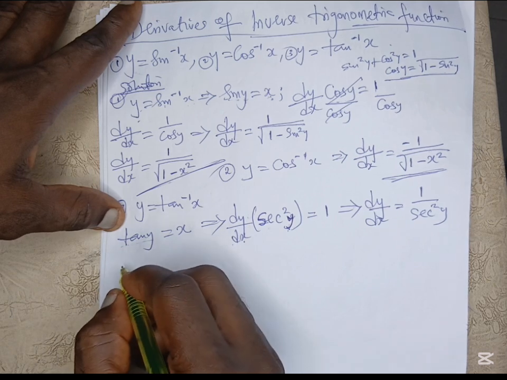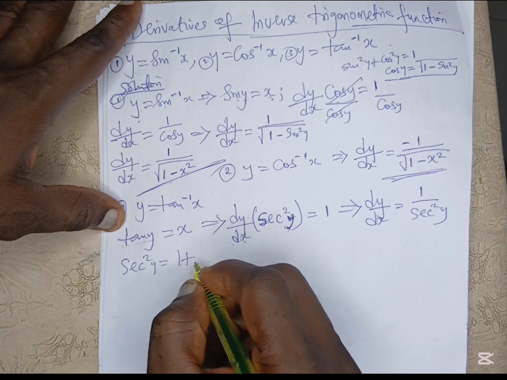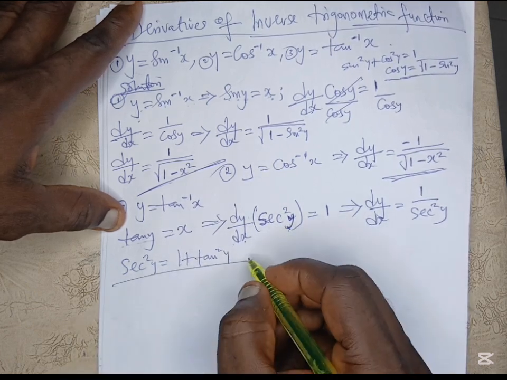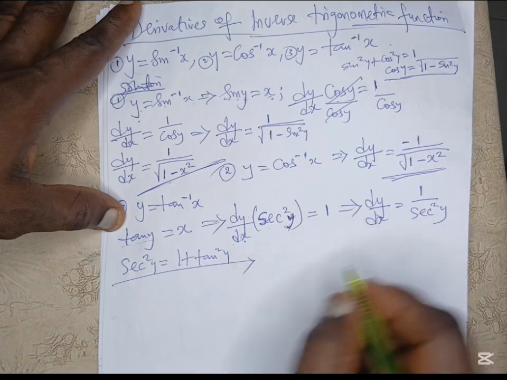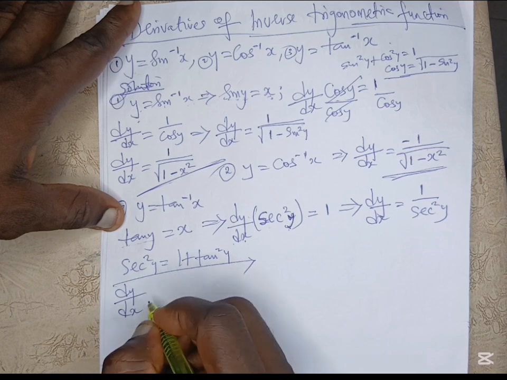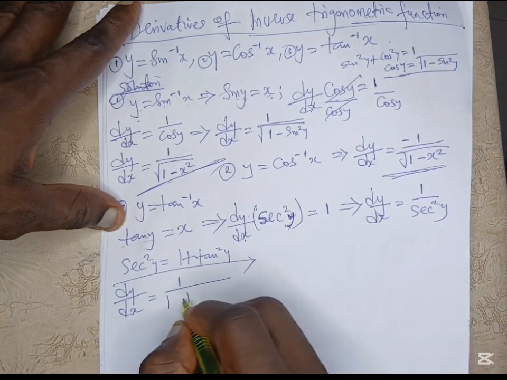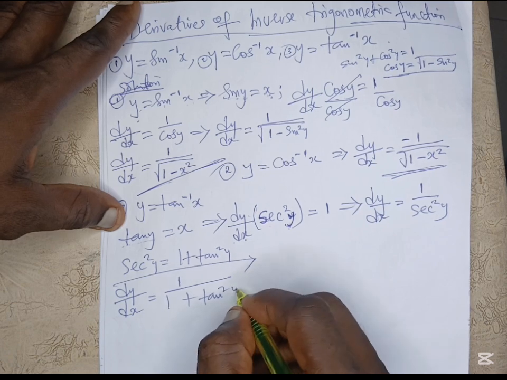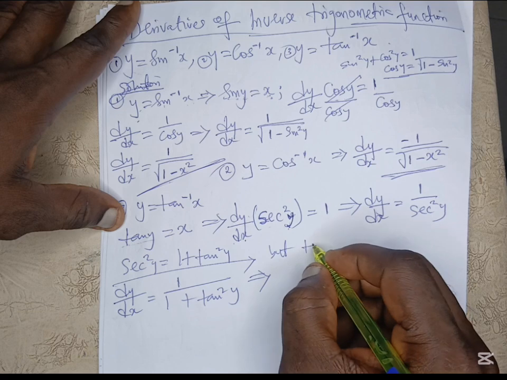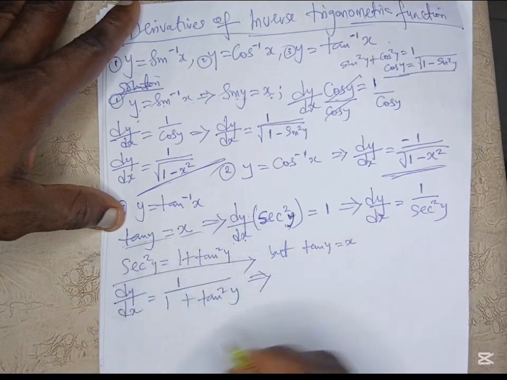Now we know that sec squared y is equal to 1 plus tan squared y, from the trigonometric identity, very important. So that dy/dx is equal to 1 over 1 plus tan squared y, but tan y is equal to x as it is written here.